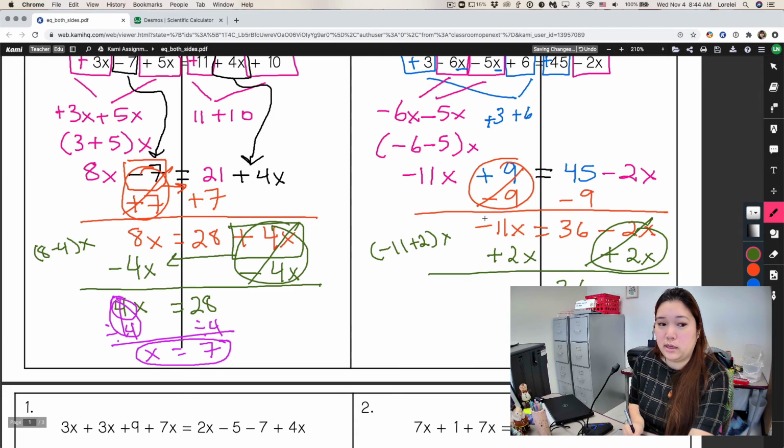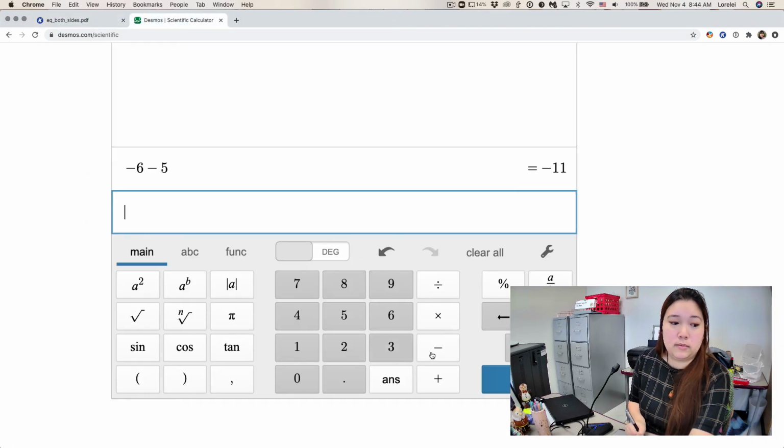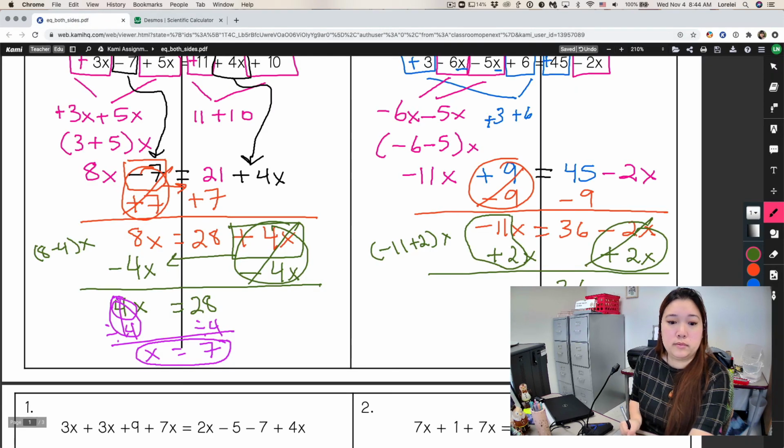Because we are really just adding these coefficients here. Negative 11 plus 2 gives us negative 9. And then we don't drop the x, it's still there. So now we have negative 9x equals 36.